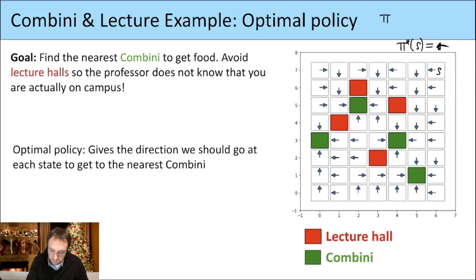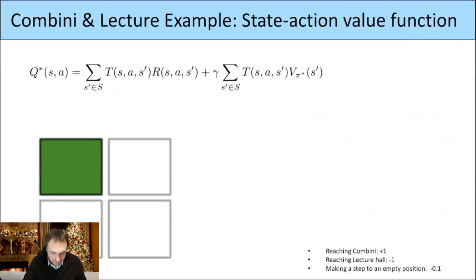Because the policy is a function from S to A, and A is a set of these 4 directions. But now let's make really clear what we mean by this state action value function.